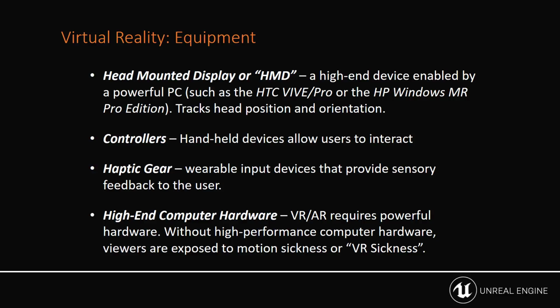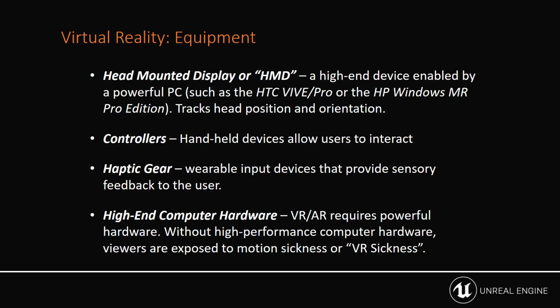And this typically is a high-end device enabled by a powerful PC or some hardware that will allow us to run that. Something like the high-end performance workstations that HP puts together for us, running some of the AMD Radeon Pro cards that are really tuned in to be able to enable virtual reality to run at that high performance rate that we need it to run on.